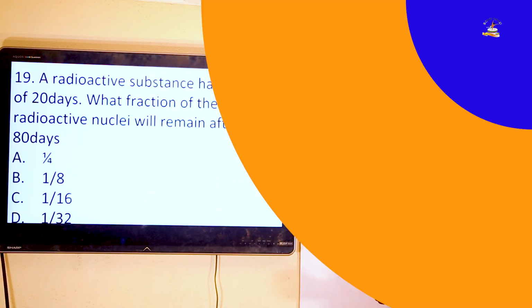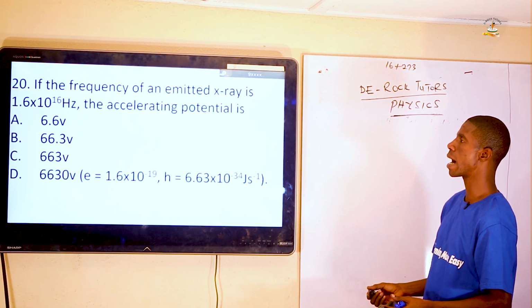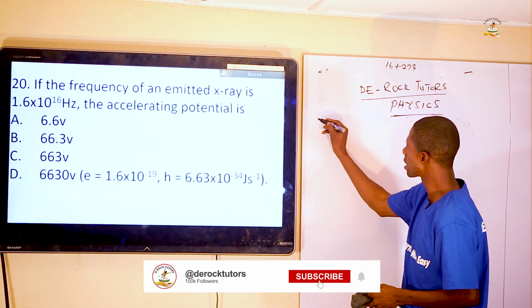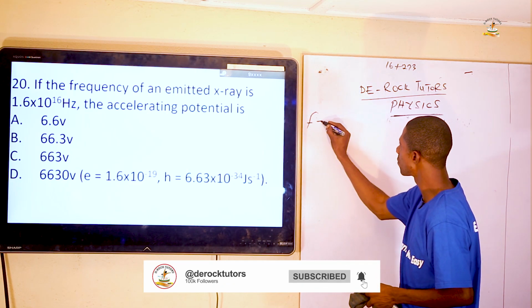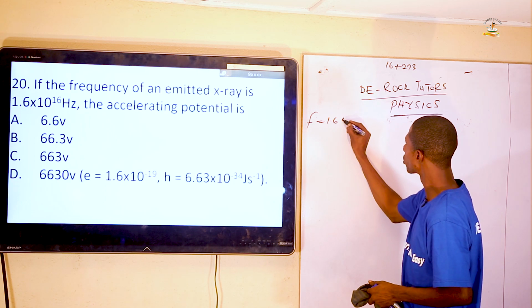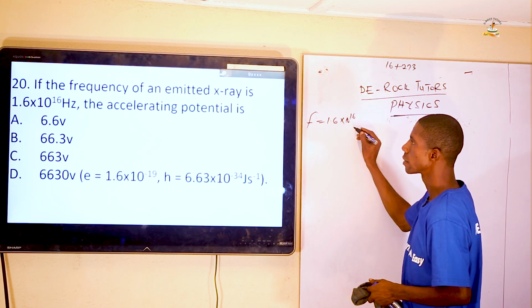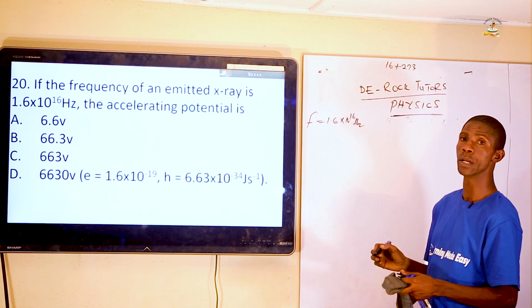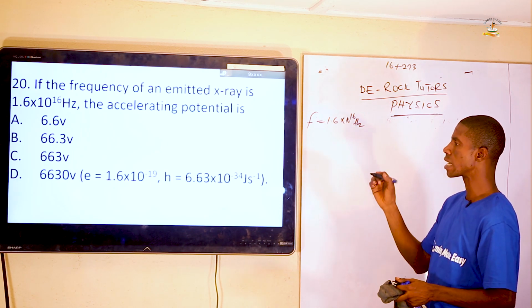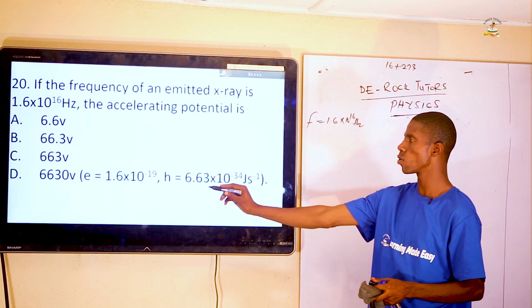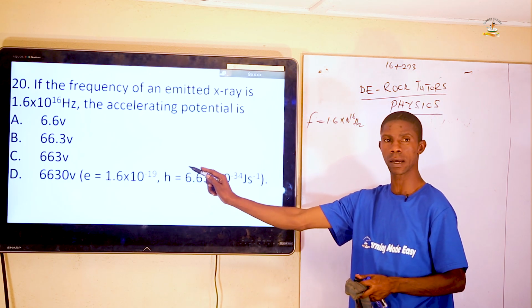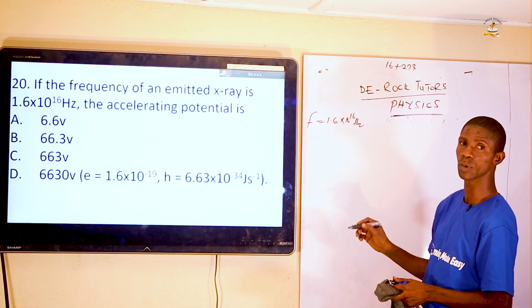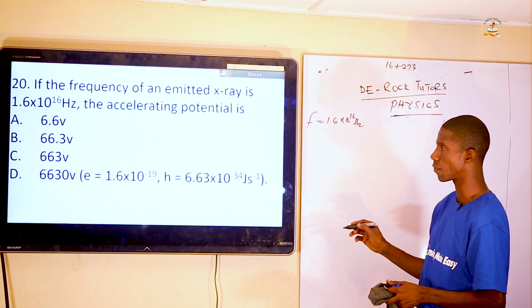So for the next question, we are asked: if the frequency of an emitted X-ray is 1.6 multiplied by 10 raised to the power 16 hertz, and the accelerating potential we don't know, but we're given that 1 electron has a charge of 1.6 multiplied by 10 raised to the power minus 19, and Planck's constant is 6.63 multiplied by 10 raised to the power minus 34.